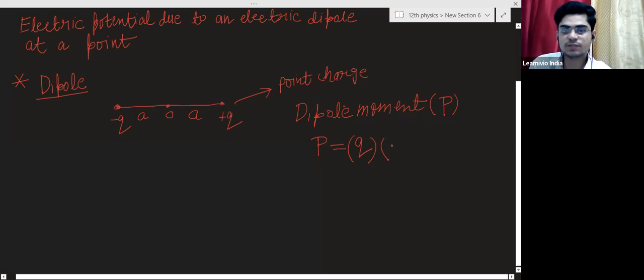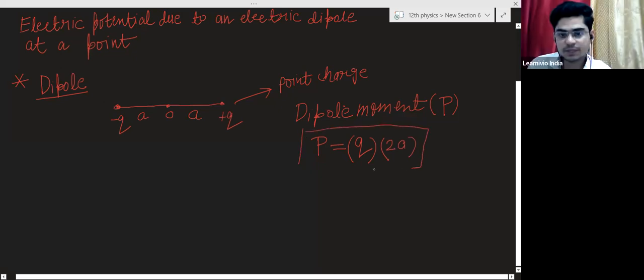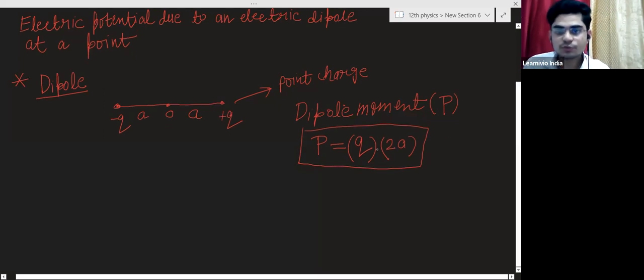What is the distance between these two charges? 2a. Very good. If you have any problem, please ask me. We are going to use this in the next derivation.